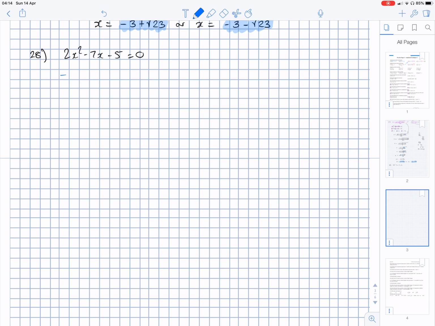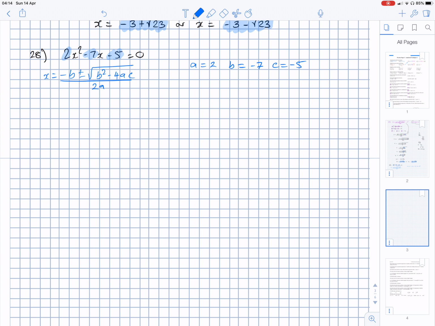So x equals minus b plus or minus square root of b squared minus 4ac divided by 2a. This time a equals 2, b equals minus 7, c equals minus 5. So that's a, that's b, and that's c.